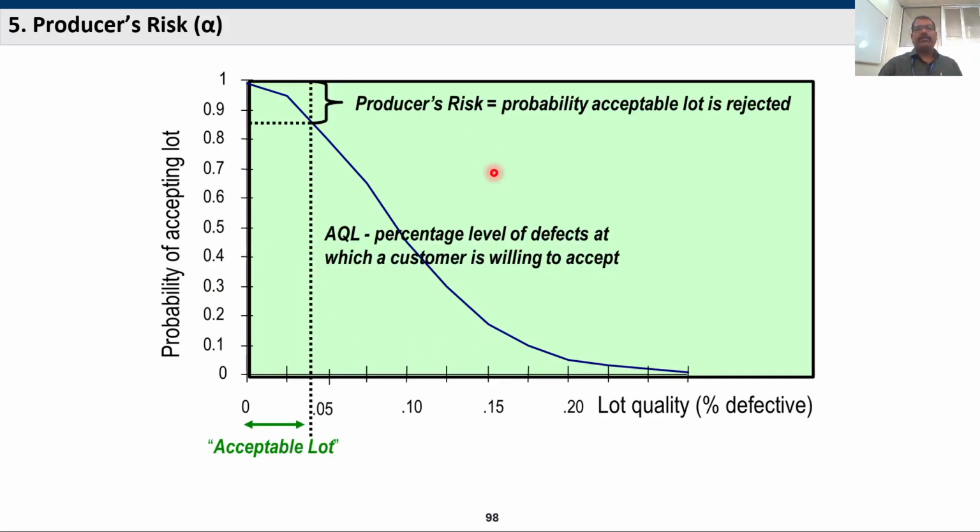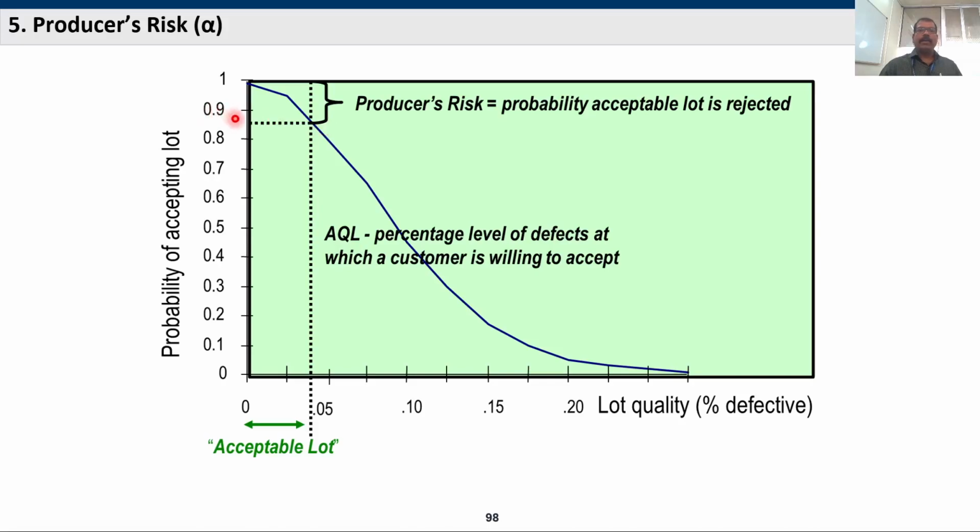From this diagram, we can understand. So, here is your OC curve, operating characteristics curve. In that, the x-axis is the percentage of defective and the y-axis is the probability of accepting a lot. So if this is the acceptance level, you are setting 3 percent, or 3.5 percent, whatever it may be, then it touches your OC curve at this line.